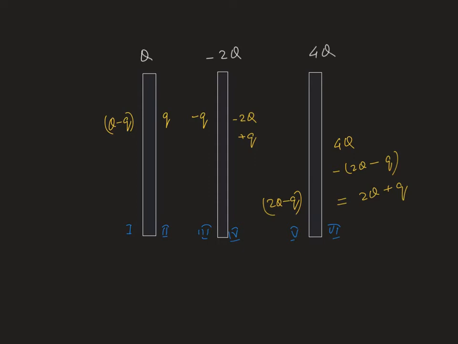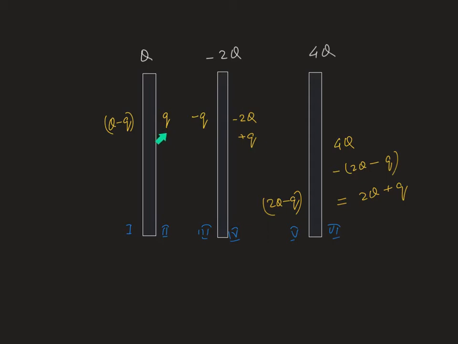Now again, using conservation, if there was 2q minus q here, there will be minus 2q minus q here, added with the 4q that was already present, so we will get 2q plus q. And we are using two principles here in the distribution. The first one is the conservation of charge on each plate, and the second one is that the charges on the facing surfaces should be equal and opposite. But this arrangement is not complete. As you can see, it is very much visible.